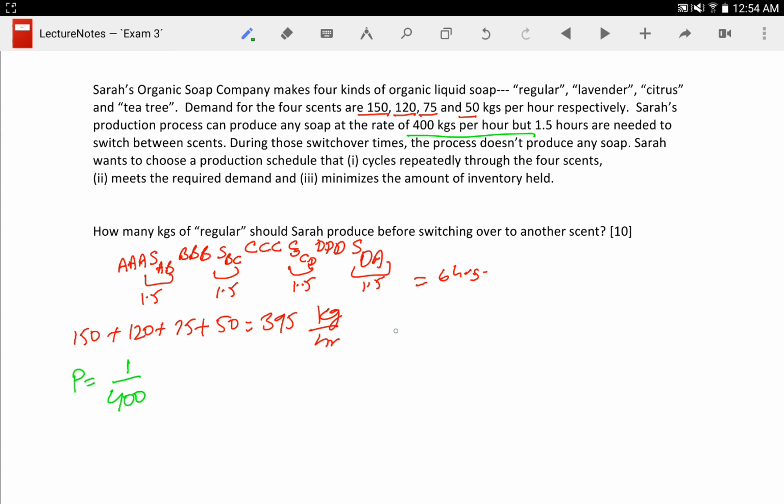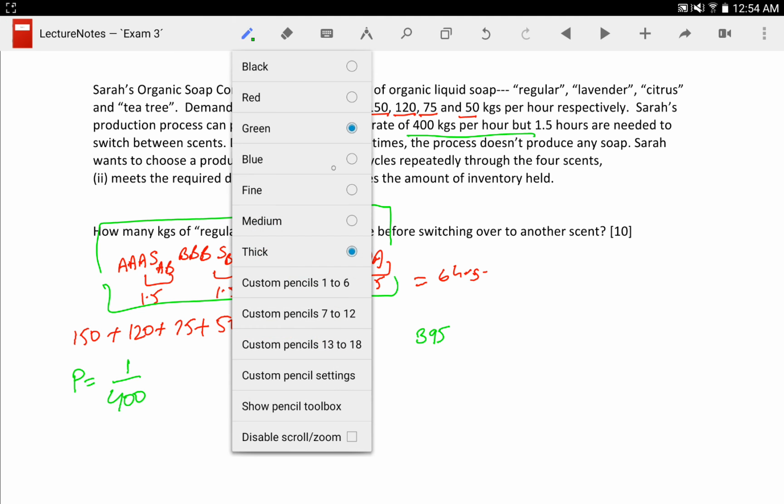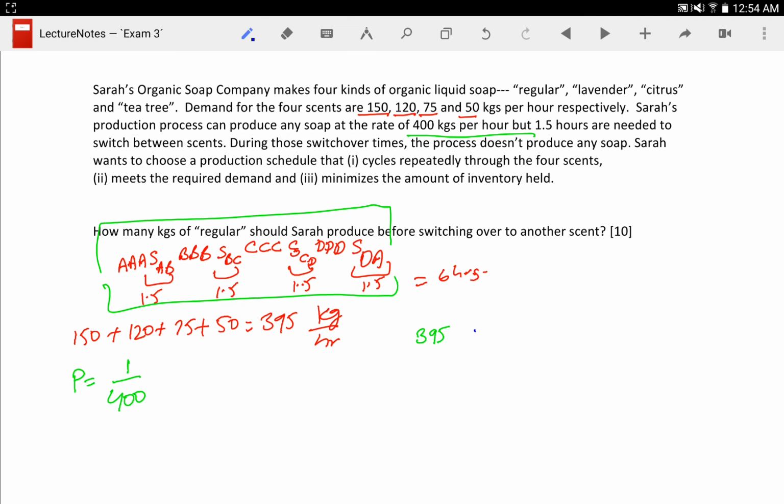Okay. Well, for this whole cycle, how many kilograms of all the products she has to produce in the cycle is given by our target capacity of 395 kilograms per hour.